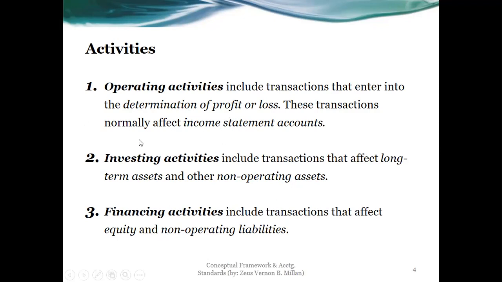So we can just think of a T account, which summarizes the transactions that can happen in an accounting period, and we just have to segregate them into the different activities: operating, investing, and financing. If we say investing, on the other hand, we talk now about any cash inflow or outflow that would have an impact on the long-term or non-current assets and other non-operating assets.